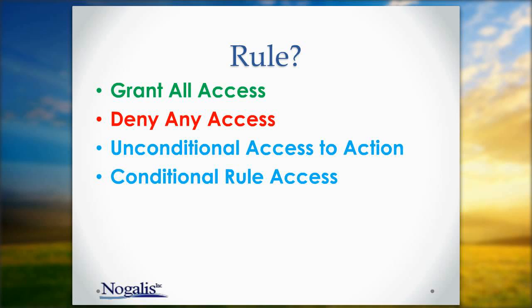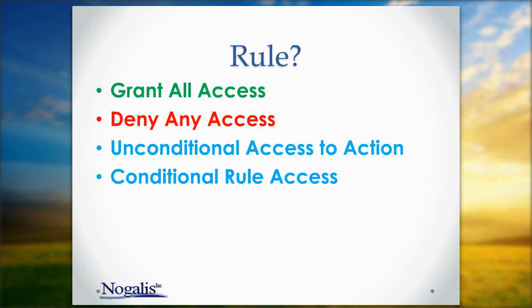You can either grant all access to an object or screen, deny all access to an object or a screen, or you can give unconditional access to an action. So unconditional access to an action means that you're giving access to one of the functions on the screen.